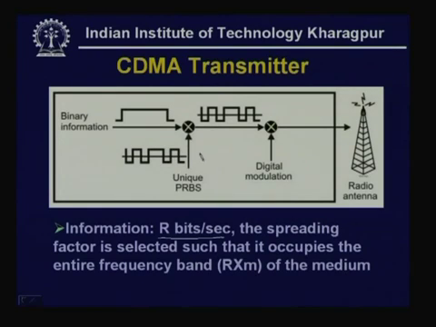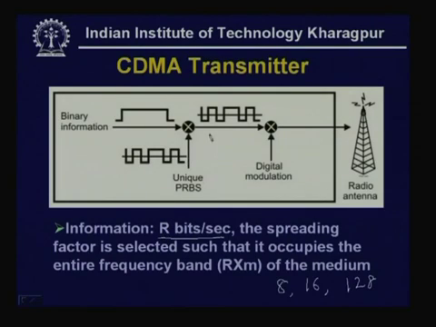That means the number of bits in the chip sequence is chosen such that it occupies the entire bandwidth of the channel. So it can be 8, 16, or 128, depending on the bandwidth of the medium. So the signal that comes out becomes m times, the number of bits in the chip sequence, the data rate.